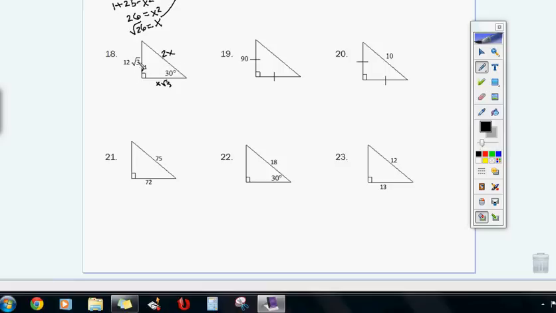So looking here, I have my x value given to me. I'd simply plug it in here. So that would be 12 root 3 times root 3, which is really just 12 times 3. So we get the side length here of the leg to be 36. And then 2 times 12 root 3, you just double that x value, and you get 24 root 3.